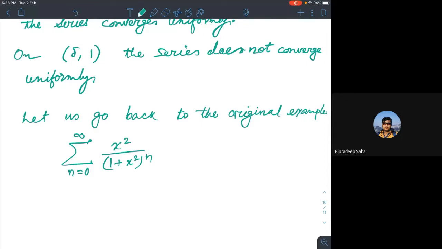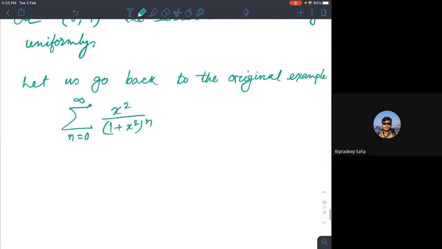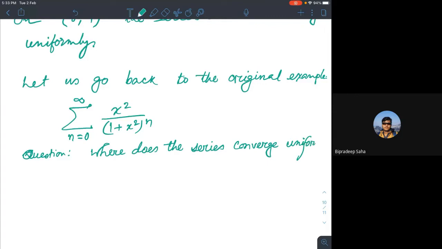Now the question: where does the series converge uniformly, and absolutely also?